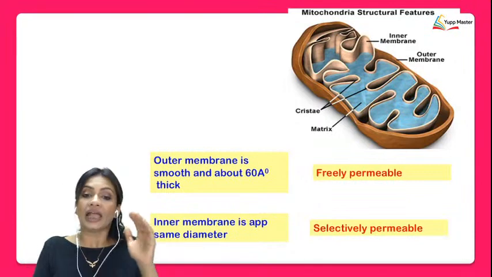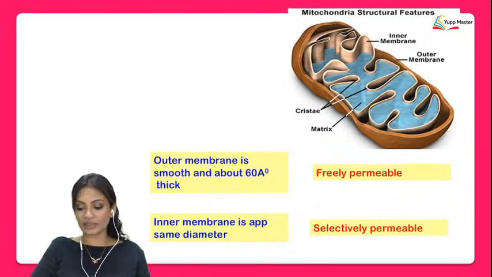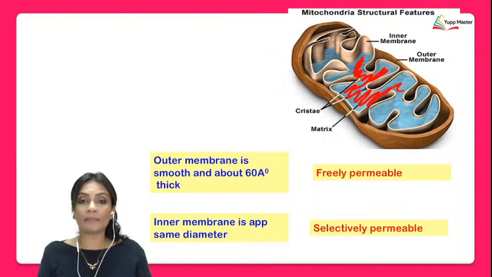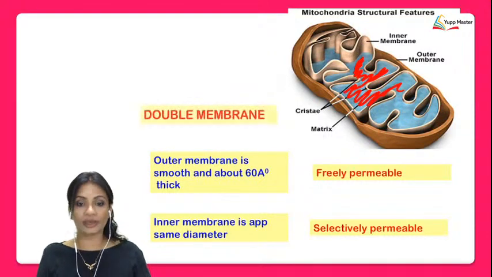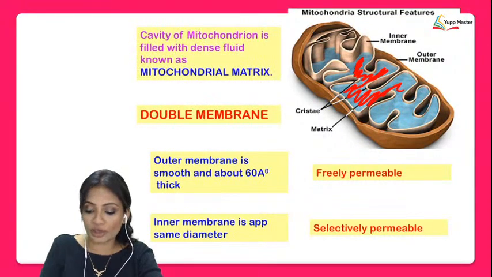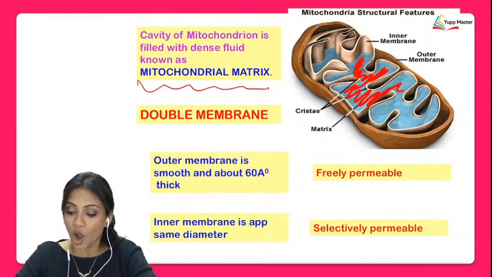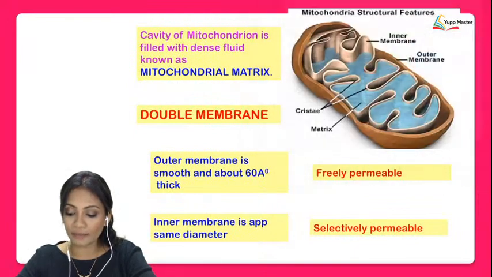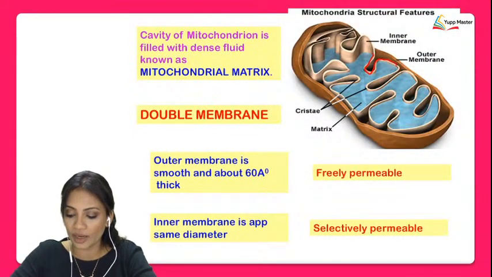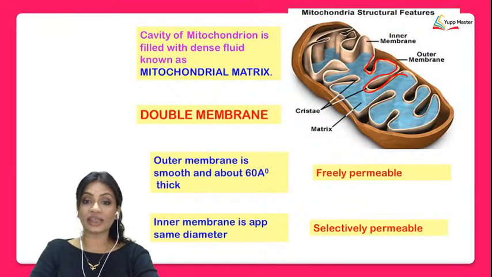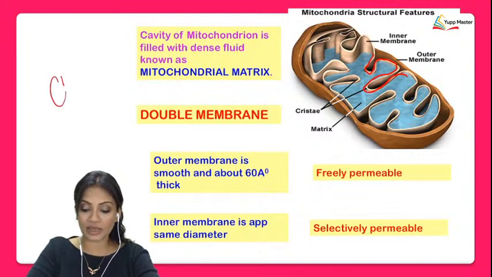Inside that inner membrane, you can see the presence of all of this here, and that is going to be called the mitochondrial matrix, alright. So, that mitochondrial matrix is filled inside the inner membrane. Now, also one thing, the inner membrane is thrown into folds, okay. Do you remember the names of those folds? They were called cristae.